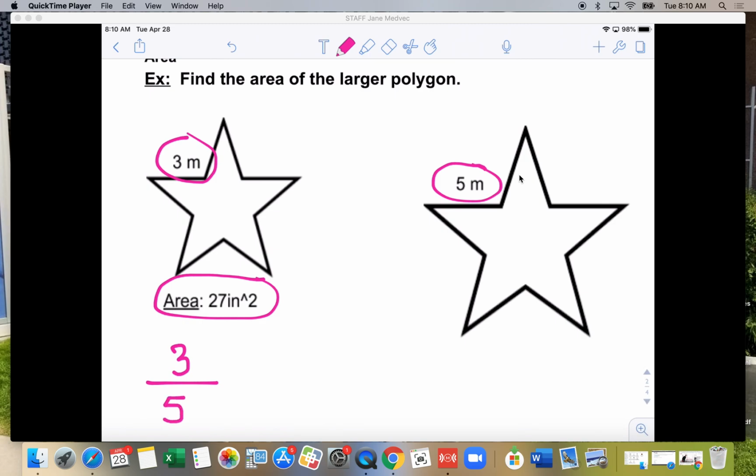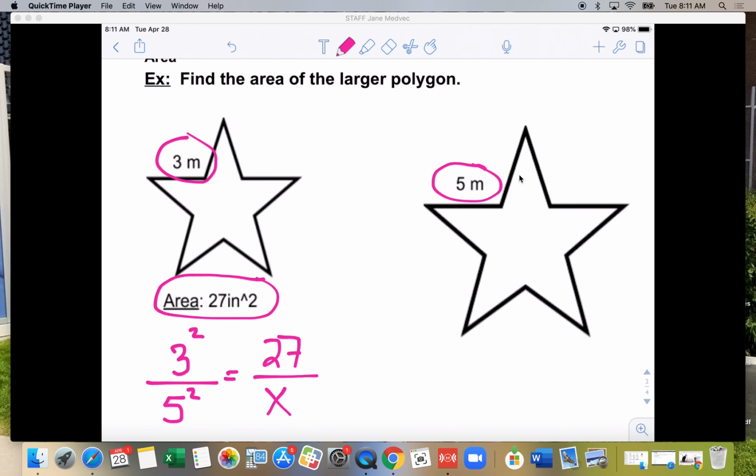Now, because I am doing area, and I am comparing areas, I am going to square these. Okay, so anytime you compare a side length to area, I'm going to square the sides. And then I'm going to go equals. The area of the smaller figure is 27, and I don't know the area of the larger figure.